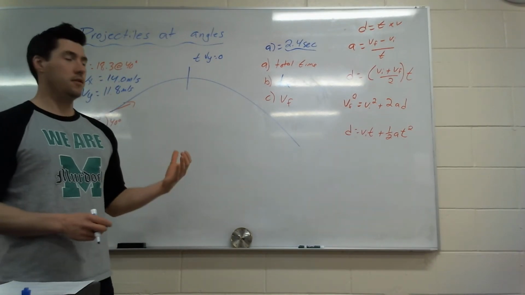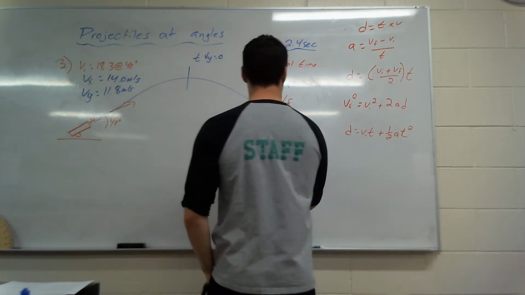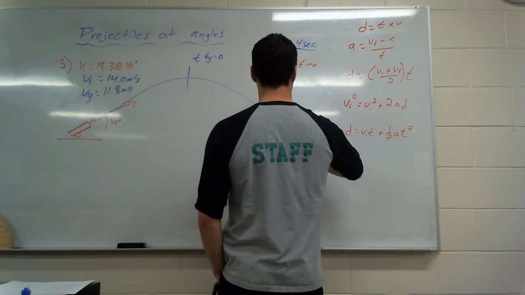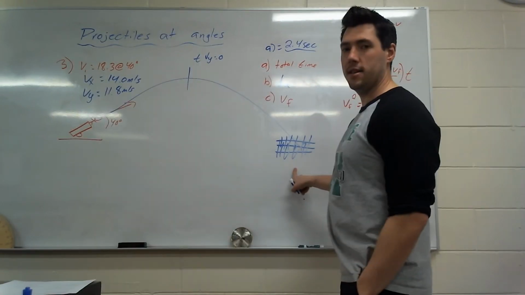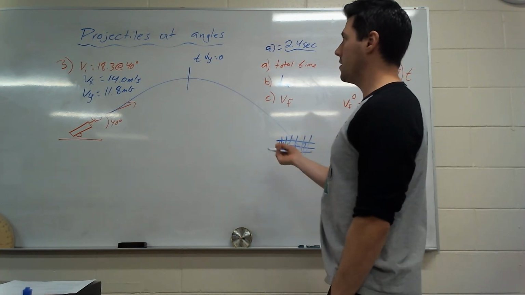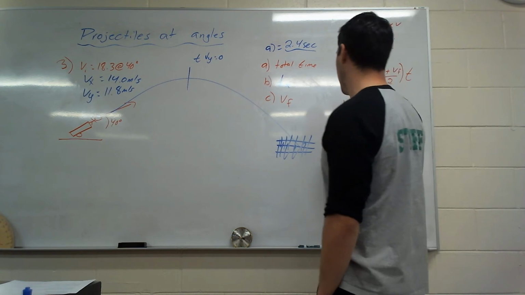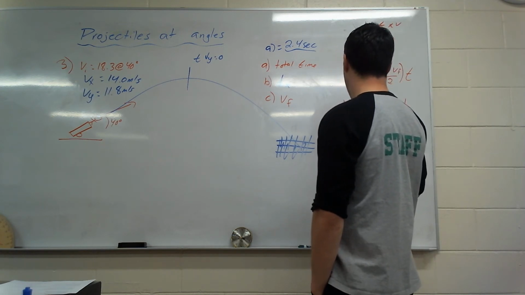If that happens, all you have to do is just say it's going to hit this net. Let's say this is the net. It's going to hit this net, my beautiful drawing of a net, at the exact same velocity. Okay, it's going to hit it at 18.3 meters per second at 40 degrees.